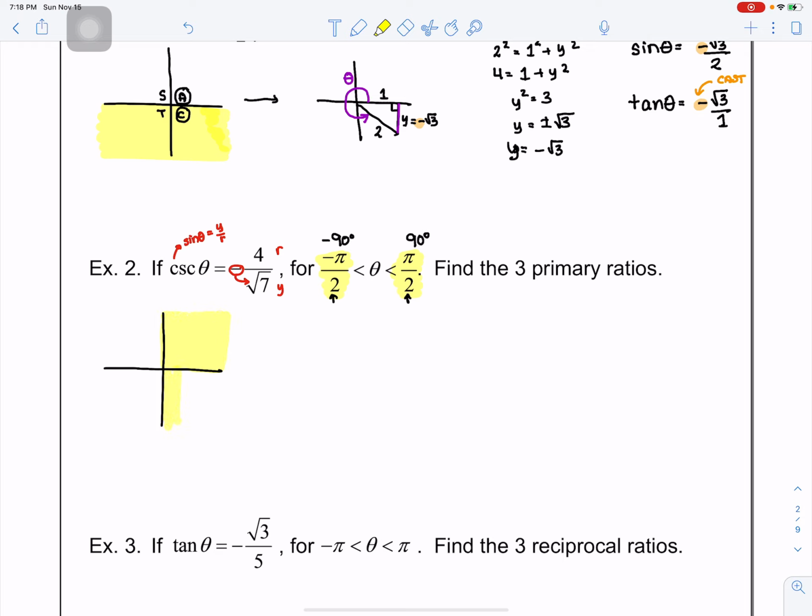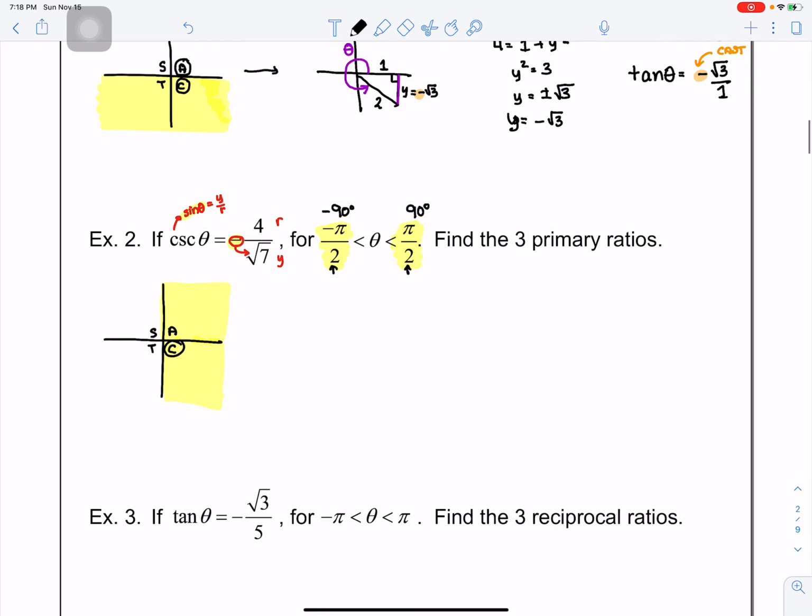And then if I'm between minus 90 and 0, I would be somewhere in quadrant 4. Now, more clues. The cosecant is negative, which means my sine is negative, which when I draw my CAST rule out, I have to be sitting in quadrant 4 because in quadrant 1, sine would be positive. So I'm going to draw my diagram in quadrant 4.